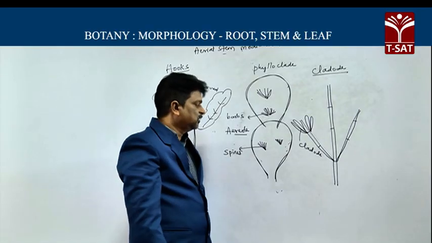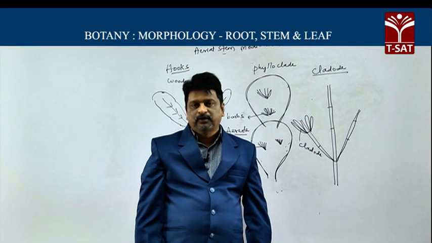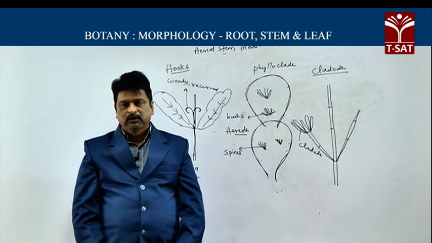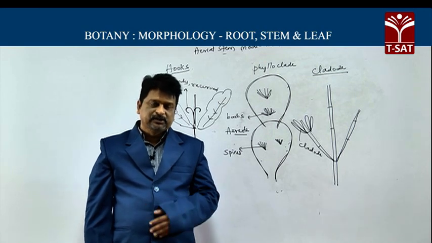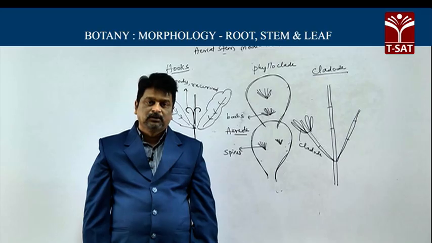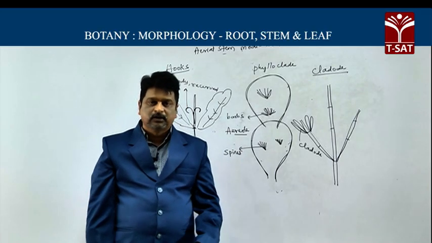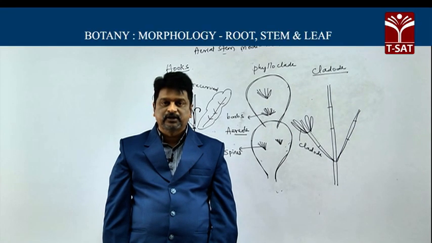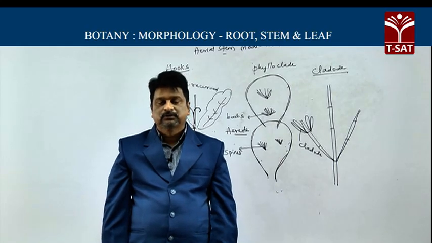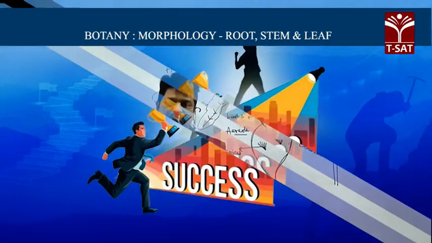They are only one or two internodes in length, and they become green and perform photosynthesis. Here is a neat point: asparagus is a xerophyte. In this, all three parts are modified. The root is fasciculated, the stem is a cladode, and the leaf shows two modifications: one is spines and the second one is scales.